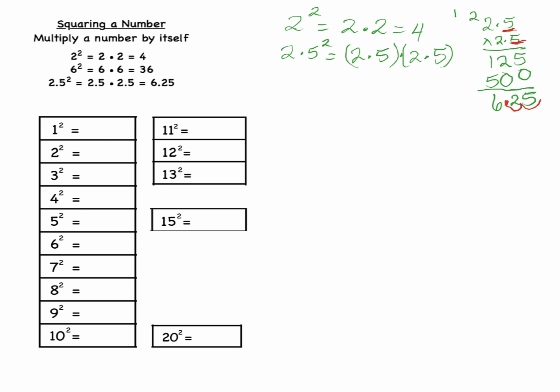So let's begin. 1 squared means 1 times 1, which would be 1. We did 2 squared, that's 4. 3 squared is 3 times 3, which is 9. 4 squared, 4 times 4, which is 16. 5 squared, 5 times 5 equals 25.